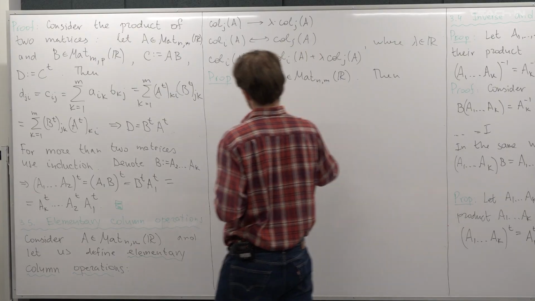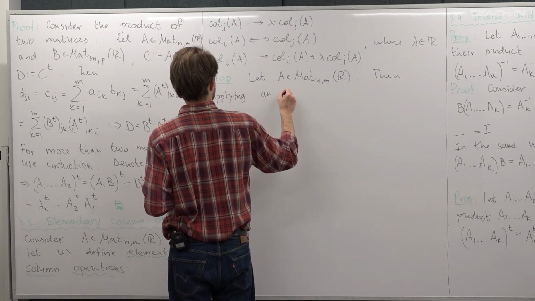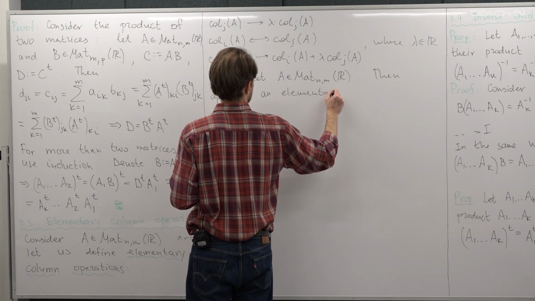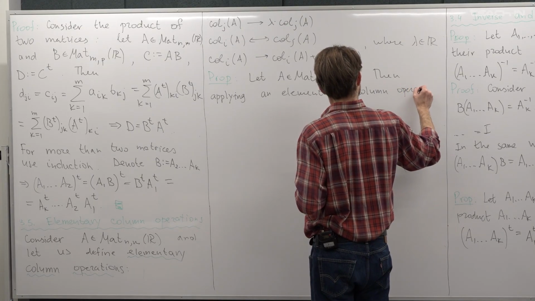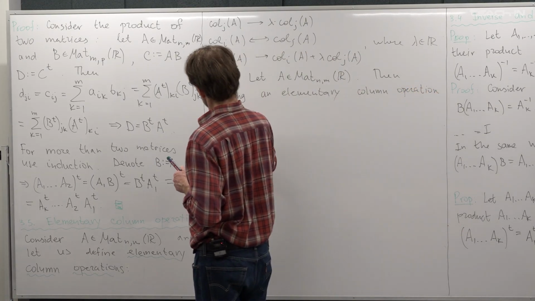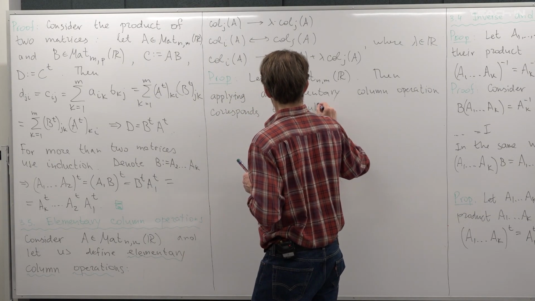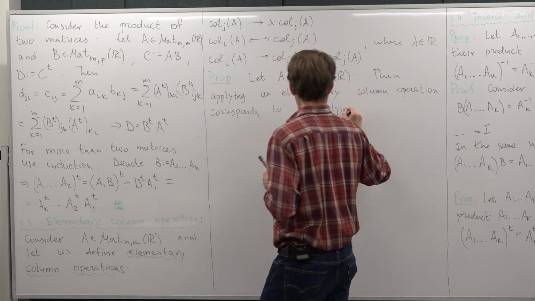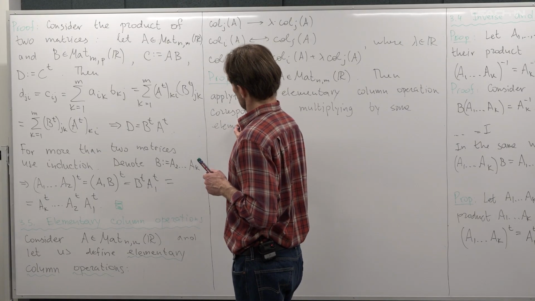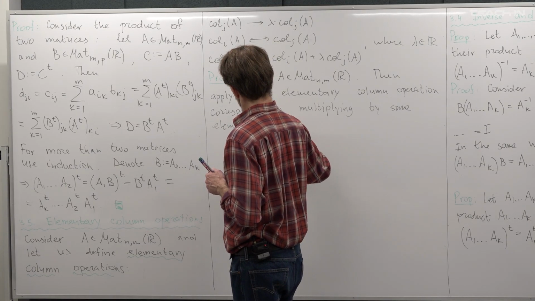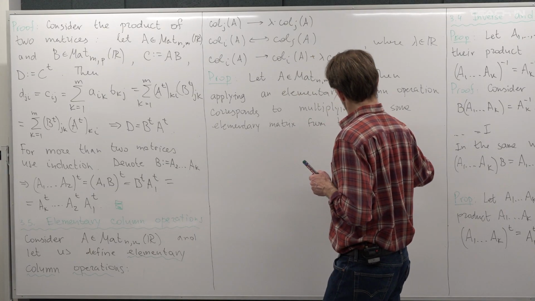Then applying an elementary column operation corresponds to multiplying by some elementary matrix from the right.